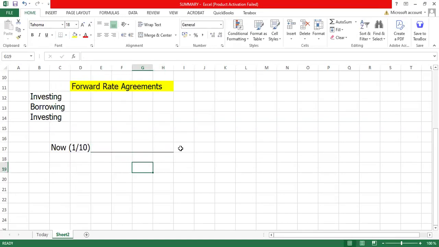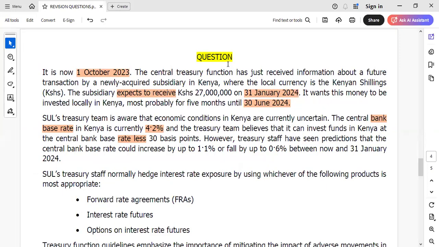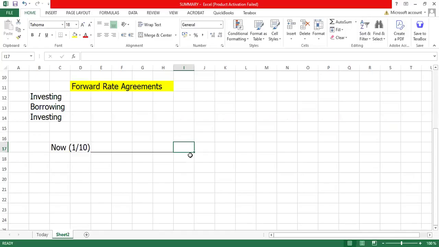You expect to receive this money on the 31st January 2024. That's when you expect to receive the money. That is like the investment date, 31st January 2024. Okay.